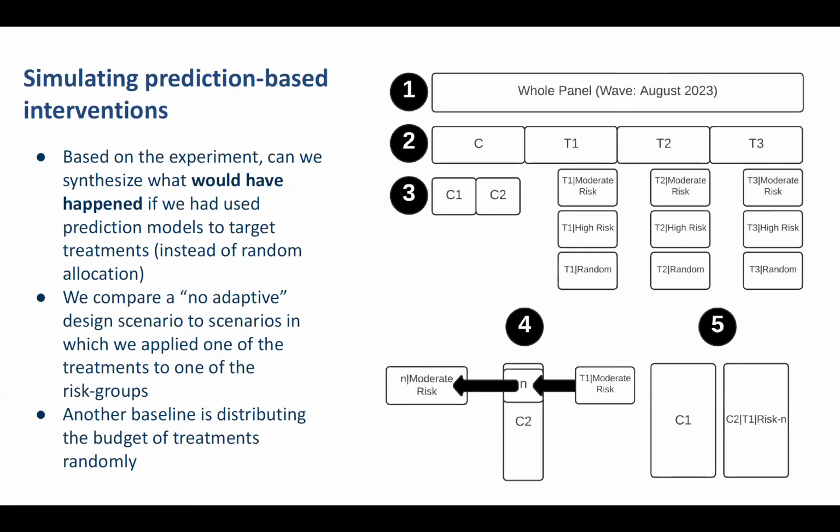So we're going to introduce this baseline, a randomized allocation scenario where we took, say, 15% of the participants and just randomly distributed the given treatment. That helps us gauge whether it's the treatment making the difference or the targeting with the propensity model.